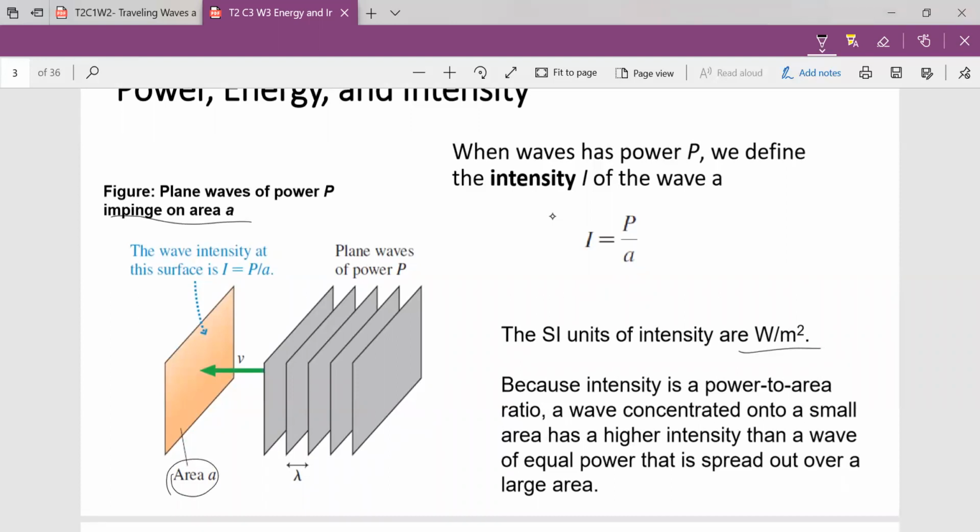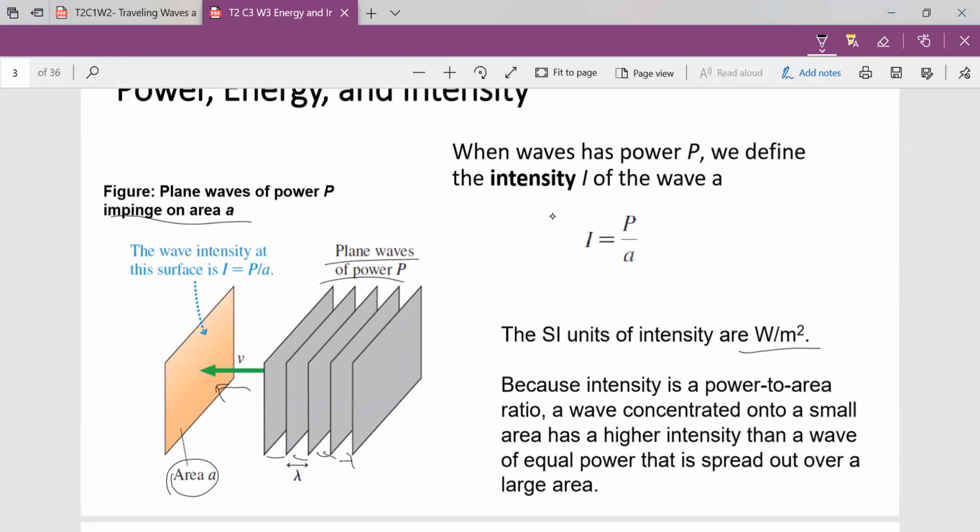This is the plane wave, like we saw in the description of the plane wave idea we saw earlier, for the section far from the source of a spherical wave source. We see the plane waves, each of the planes being separated by the wavelength lambda, and the direction of the wave is to your left.